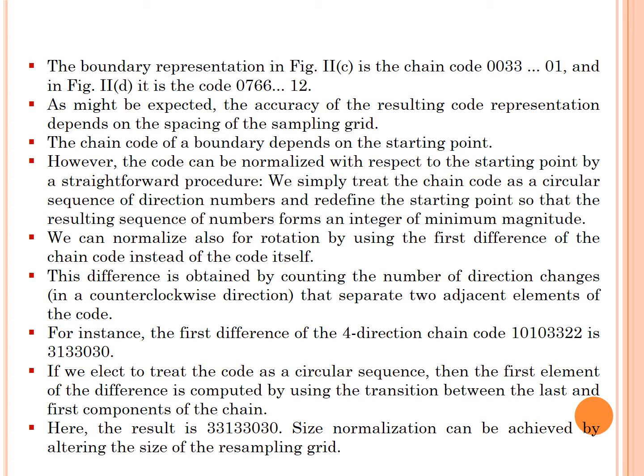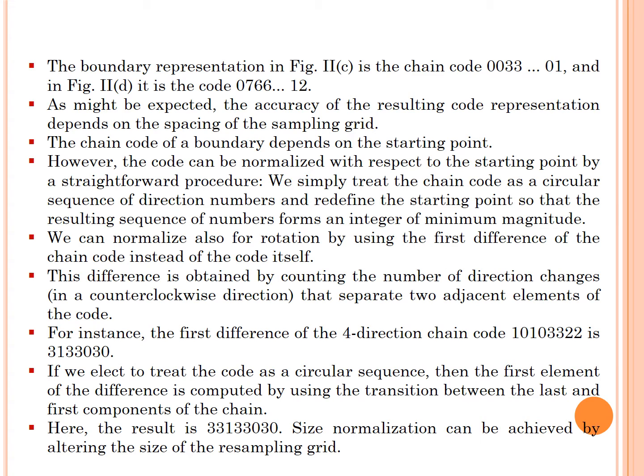This difference is obtained by counting the number of direction changes in a counterclockwise direction that separate two adjacent elements of the code. For instance, the first difference of the 4 direction chain code 10103322 is 3133030.